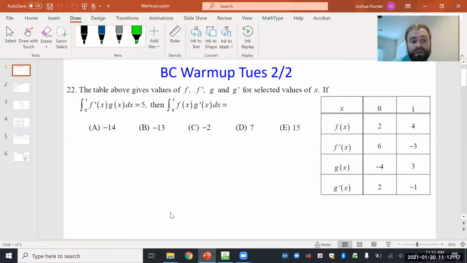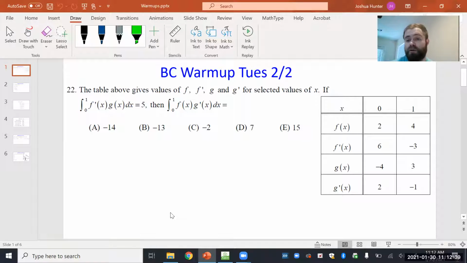First off, for this warm-up, we have this table of values of f prime, g, and g prime, and they give us that the definite integral from 0 to 1 of f prime times g is 5. We are asked to figure out the integral from 0 to 1 of f times g prime.